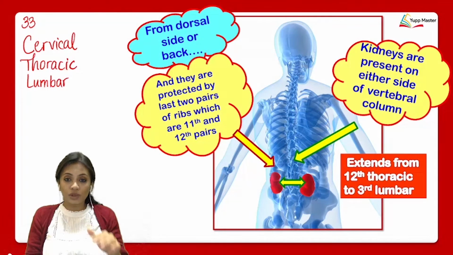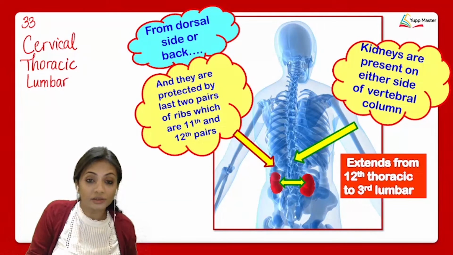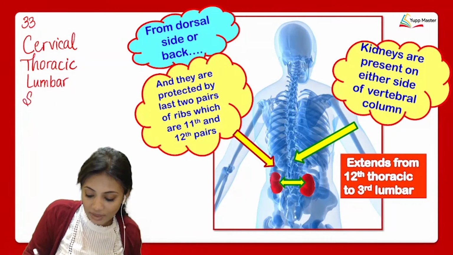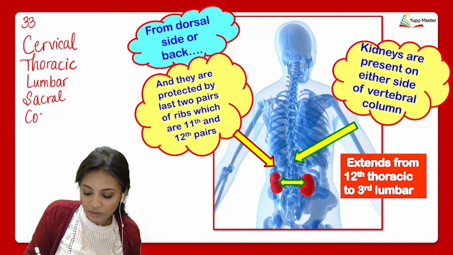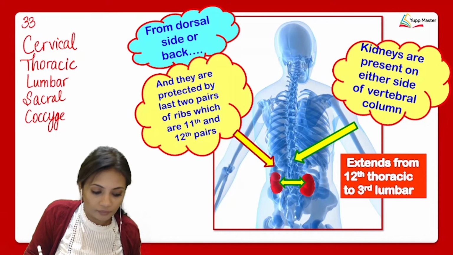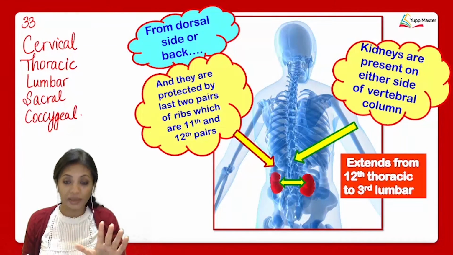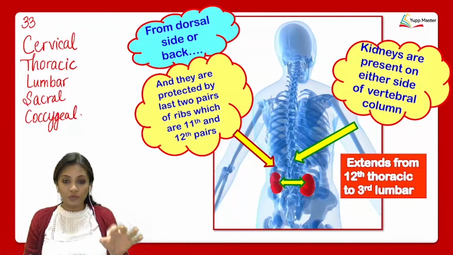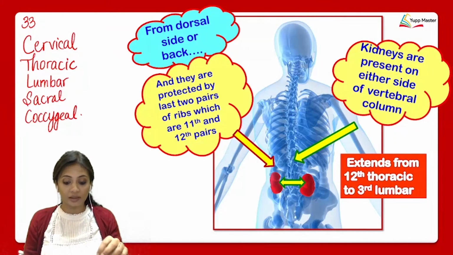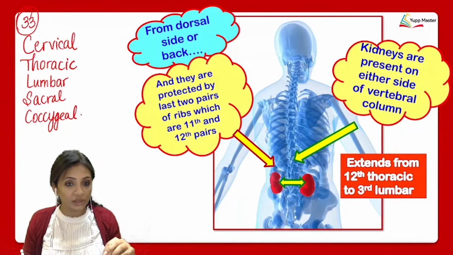After that comes the sacral, and lastly the coccygeal. So we have these 5 different types of vertebrae, which put together form a total of 33 vertebrae.